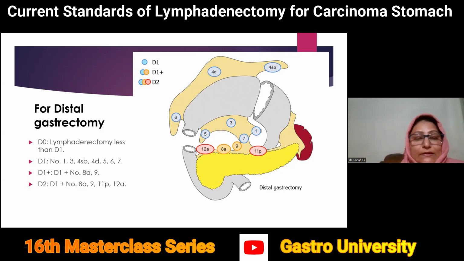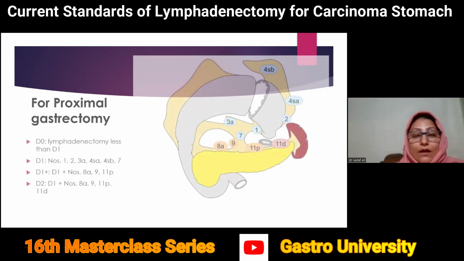So D1 in distal gastrectomy includes stations 1, 3, 4SB, 4D, 5, 6, and 7. The station 2 and the short gastric area may be spared, and D1 plus would add 8A and 9, and the standard D2 would also have 11P and 12A included.